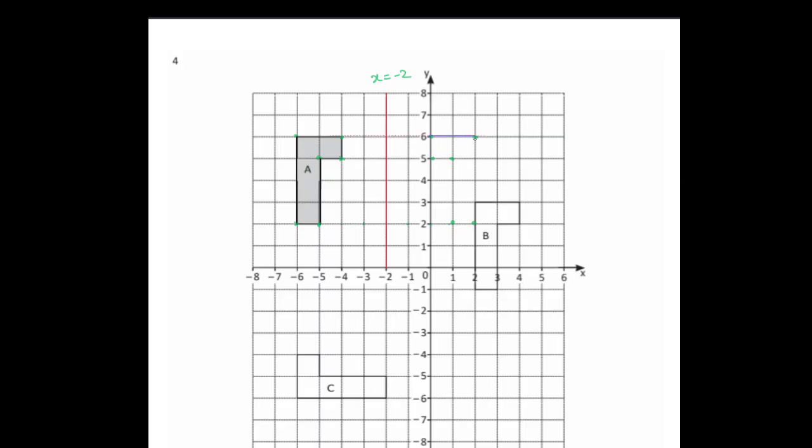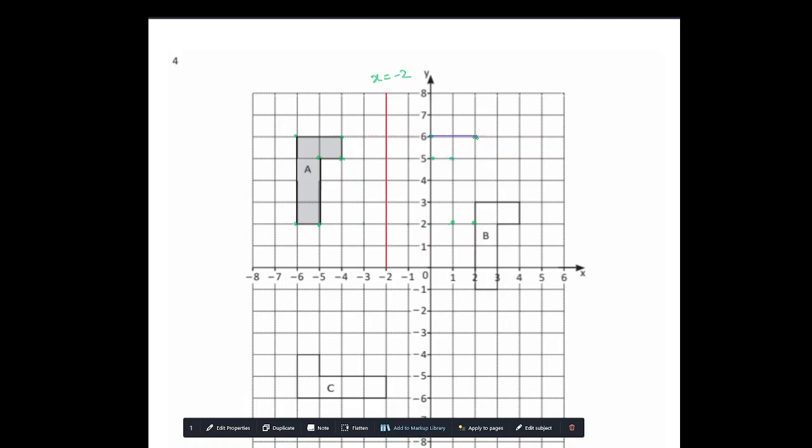Draw the shape. Take your rulers and do it.